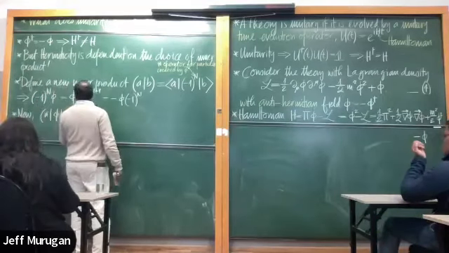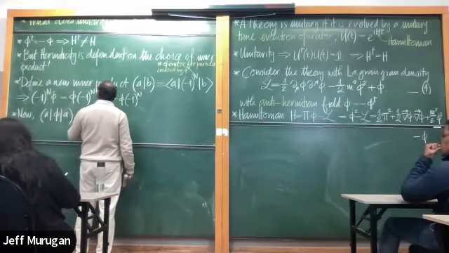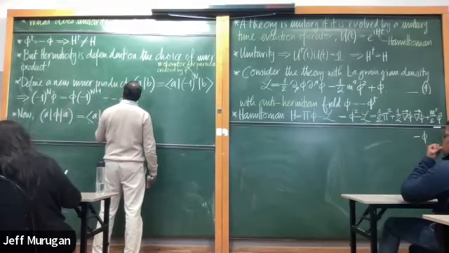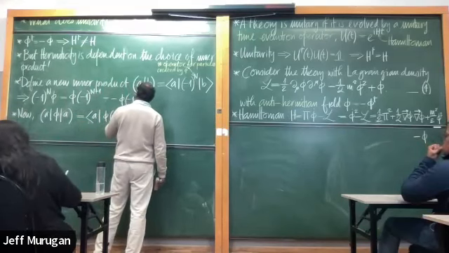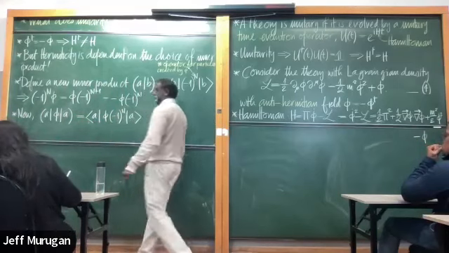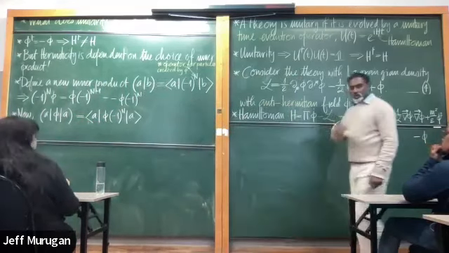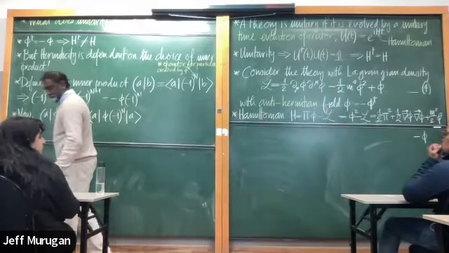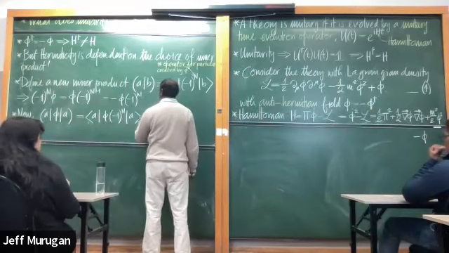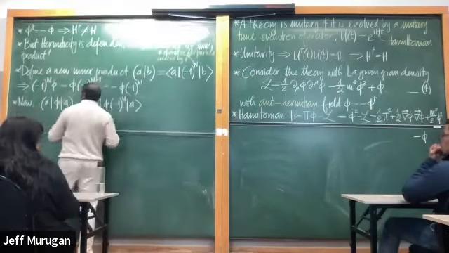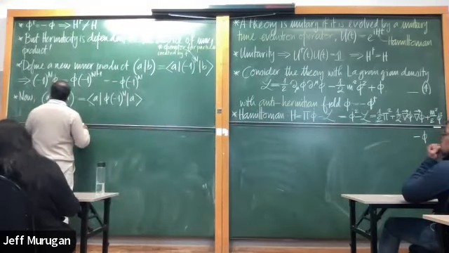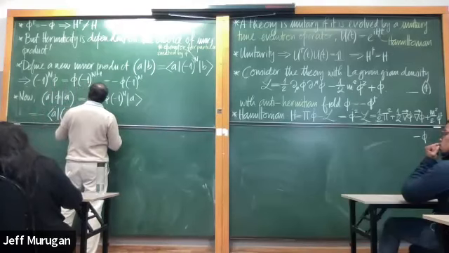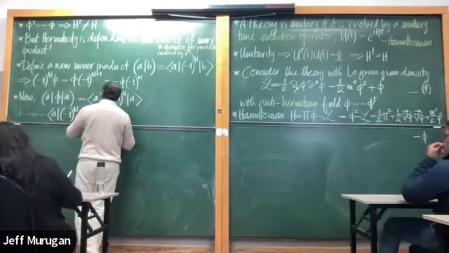When I convert this to angular brackets, the standard inner product, then this will come with a (-1)^N.